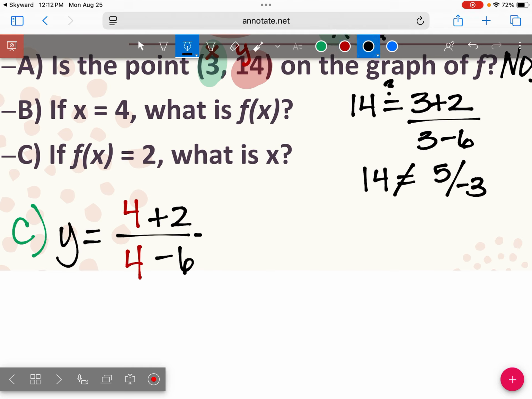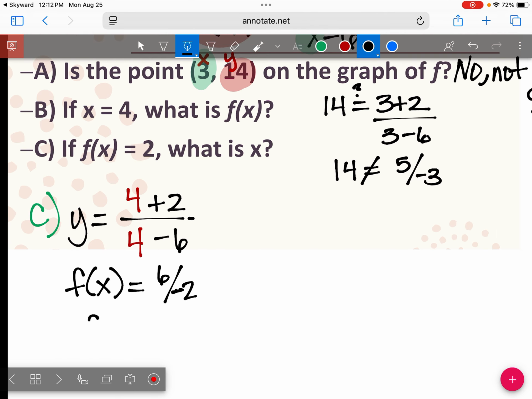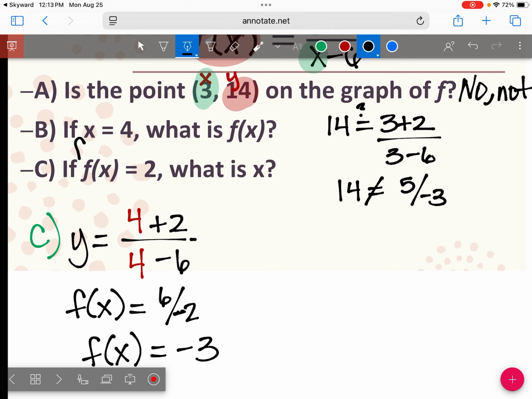So for part B, we get f of x equals 6 over -2, which is -3. So for part B, f of x equals -3, which means that the point 4, -3 is on the graph. That's what that means.